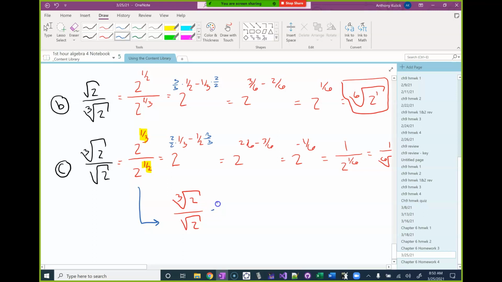So the denominator just becomes 2, right? And this is exactly what we did in part A. Cube root of 2 times square root of 2. And I'd be done.